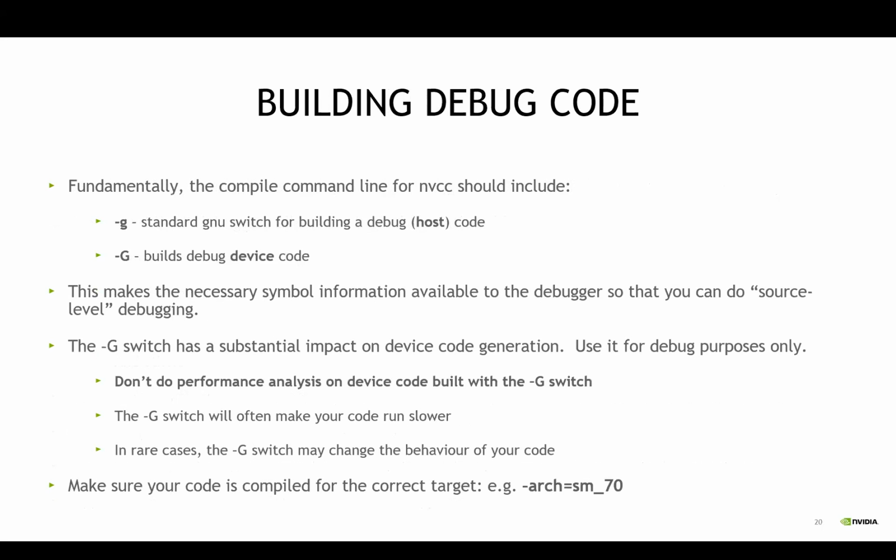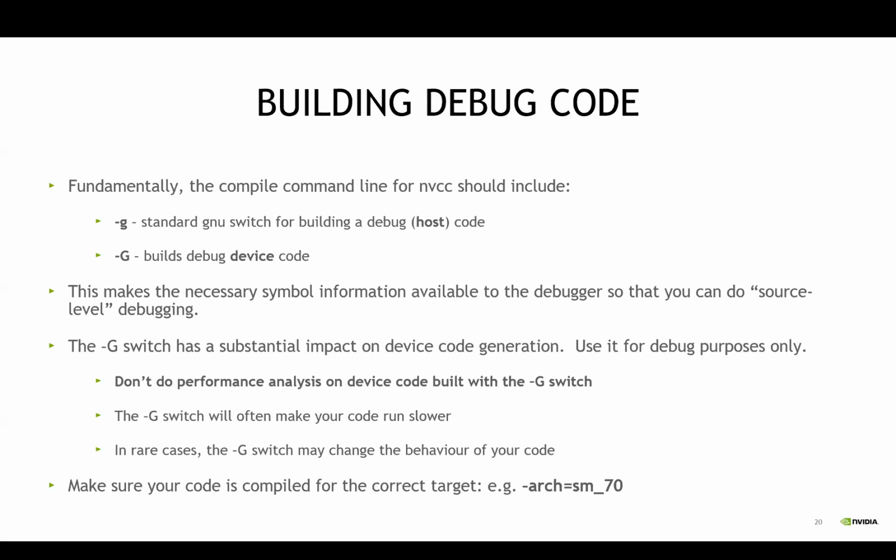Okay. If you want to also build debug device code, in addition to the -g switch, you would specify the -G switch, big G. So typically, when you're getting started to do debugging with NVCC, you'll specify both of those. This does a variety of things. It makes necessary symbol information available to the debugger so that you can do source level debugging. And we'll see what source level debugging means in just a moment when I go through the walkthrough.